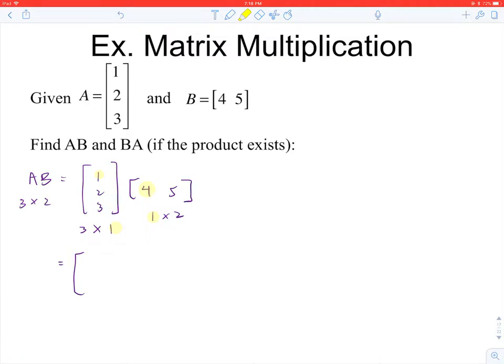So it'll be row 1 by column 1. Okay, and then row 1 by column 2.